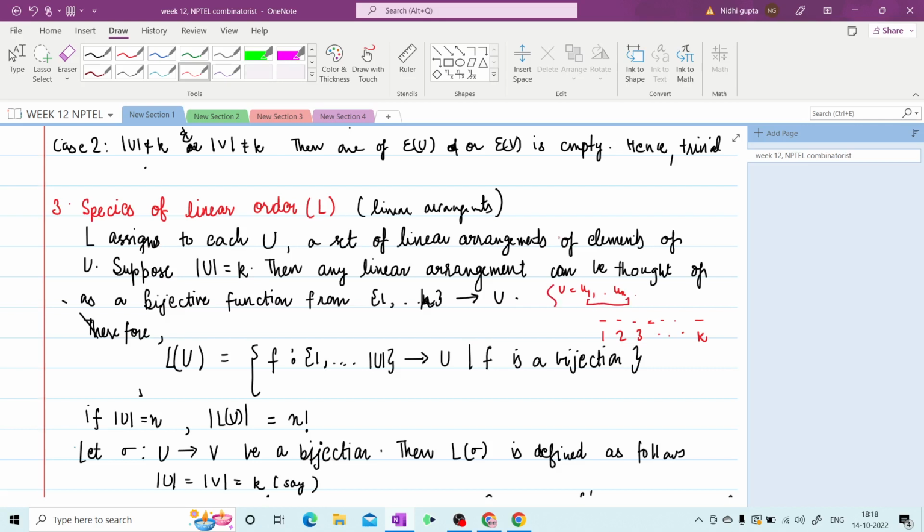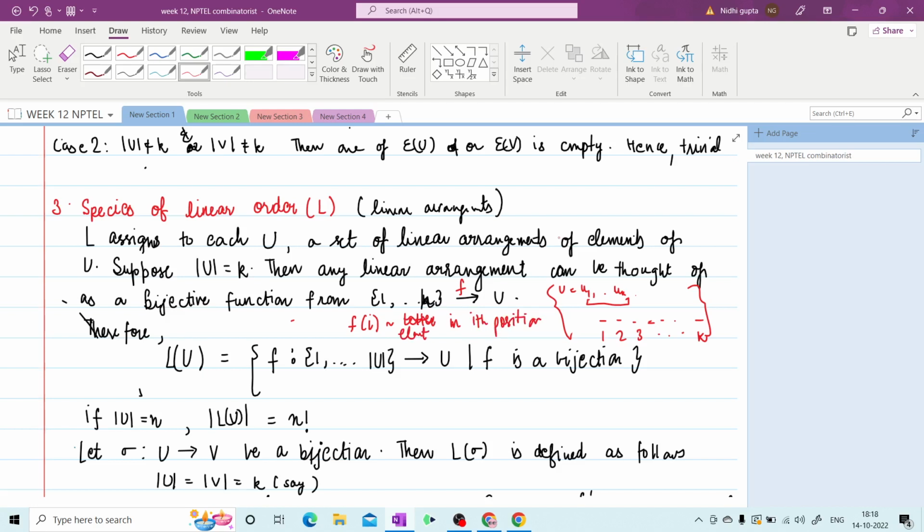So giving a linear arrangement is the same as giving a bijective function from 1 to k. Suppose this function is f. So f(i) denotes the element in the ith position.